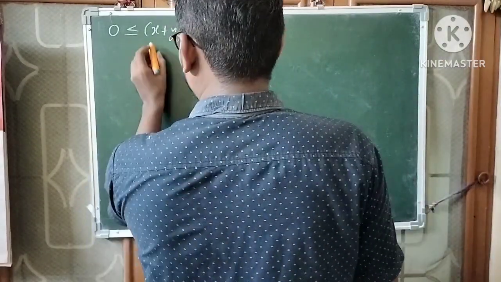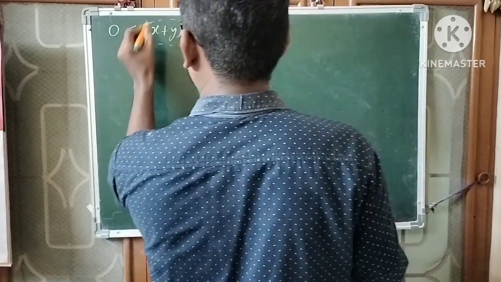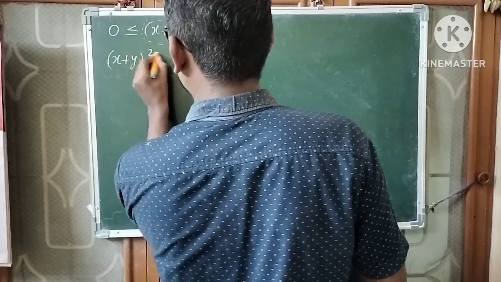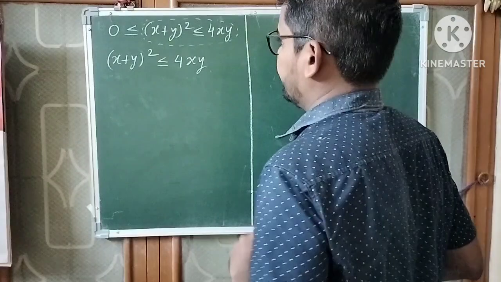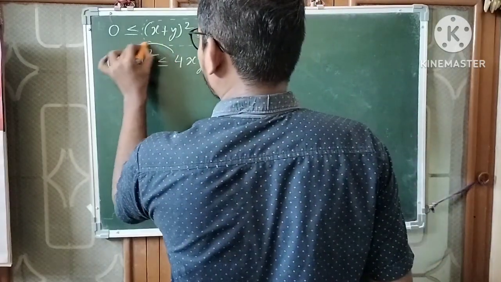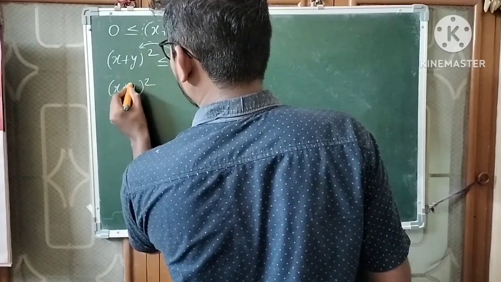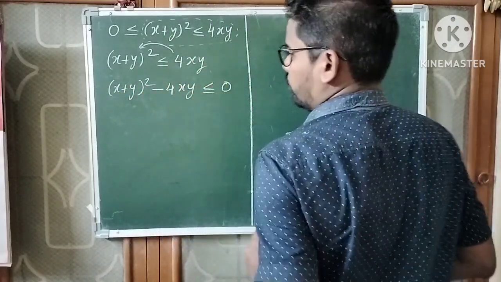Now let us consider this inequation (x plus y) whole square less than or equal to 4xy. Okay. Now transpose 4xy: (x plus y) whole square minus 4xy less than or equal to 0.